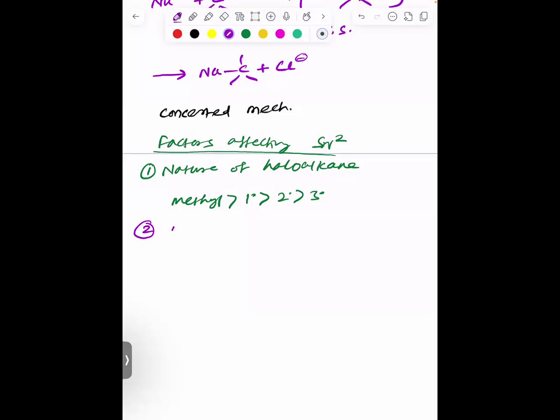Nature of leaving group. Same. Nature of leaving group. Okay, so better the leaving group, more is the rate of nucleophilic substitution reaction.